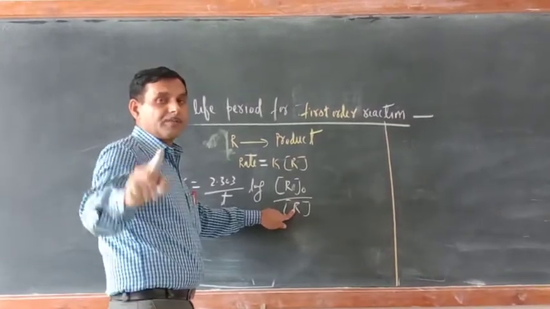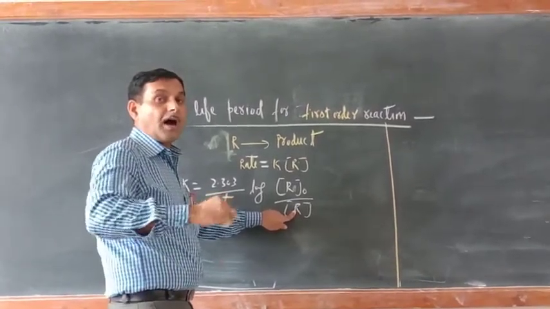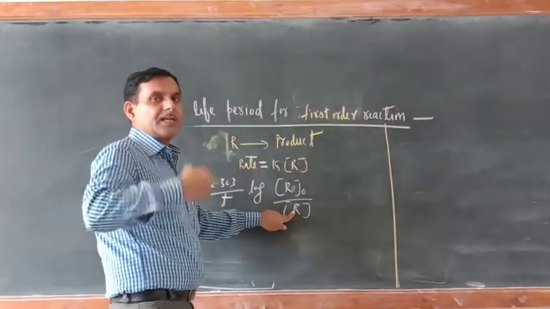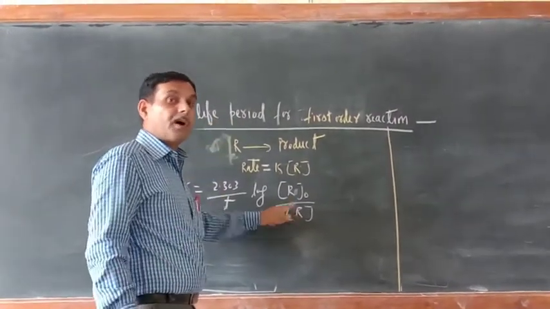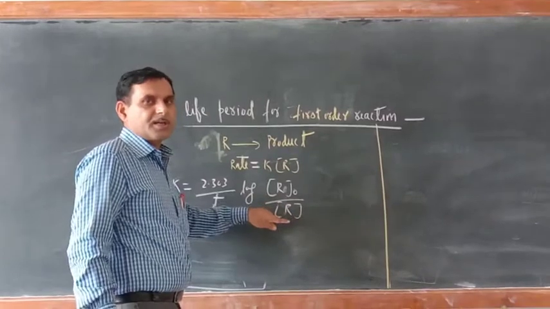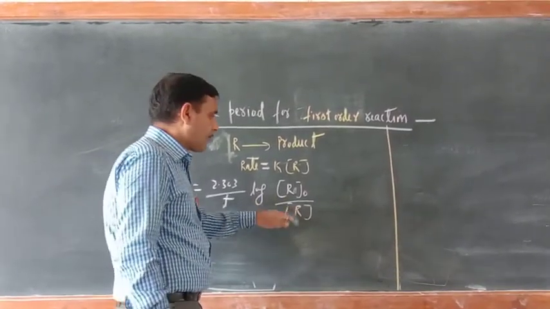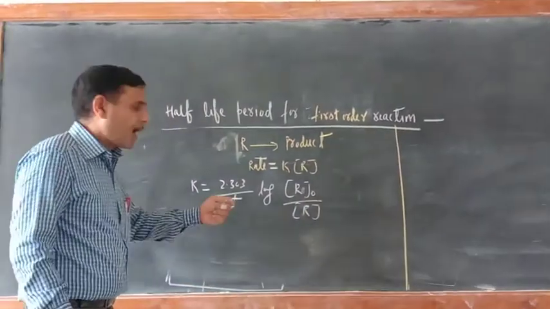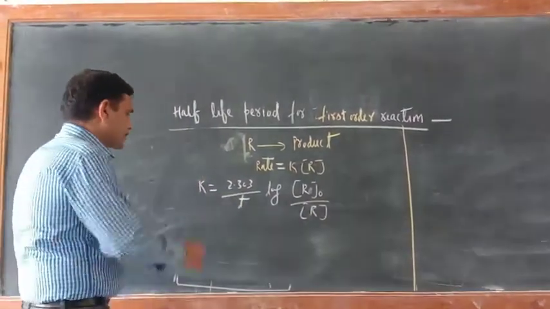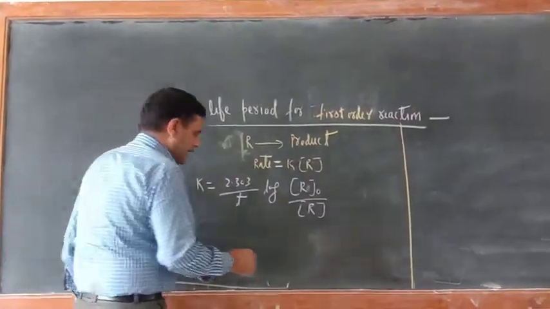So what is the definition of half-life period? Half of the concentration gets converted into product from its initial concentration. So at time t is t half. So in place of r, what should be written? r0 by 2. So the same can be written like that also.